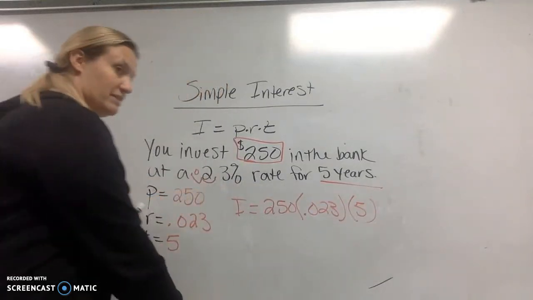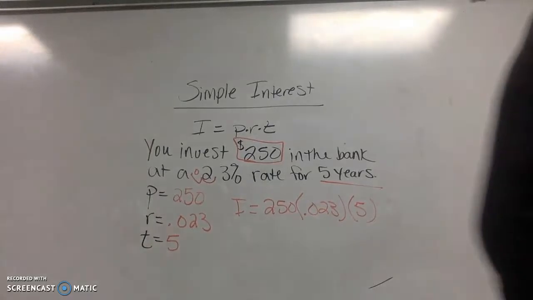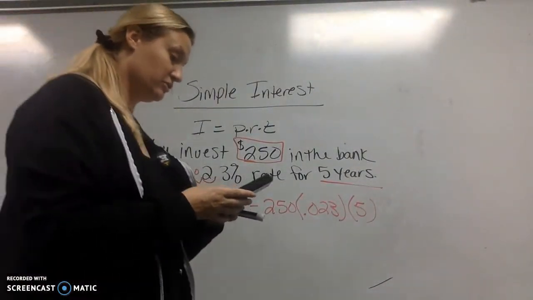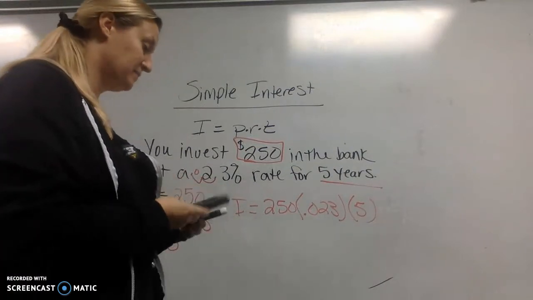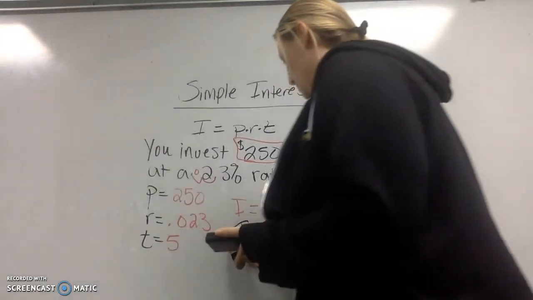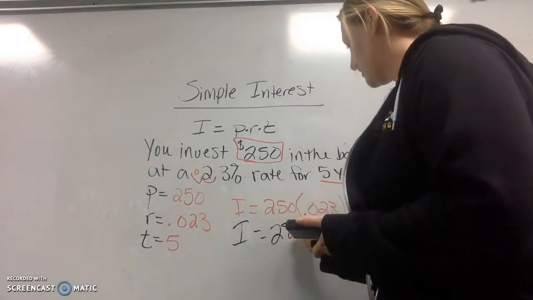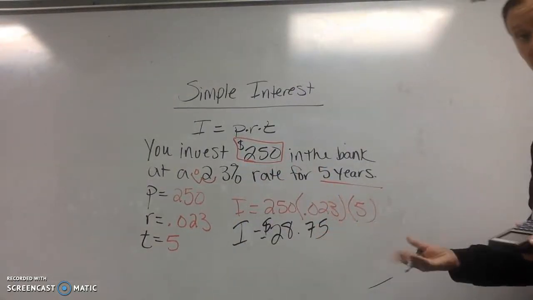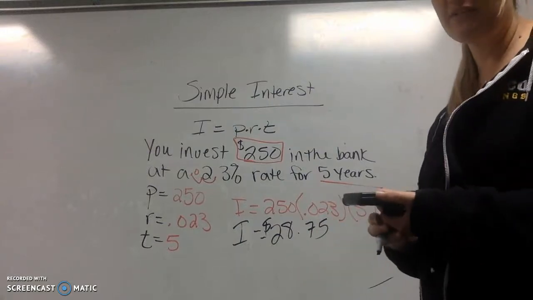So all I have to do now is pick up my calculator and multiply those three numbers together. 250 times 0.023 times 5. The answer I get is $28.75. So in 5 years, with simple interest, you would earn $28.75.